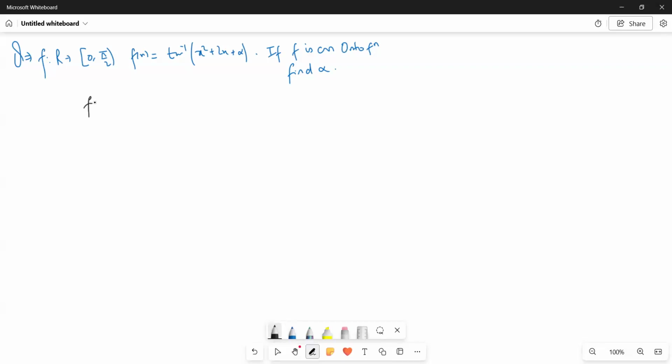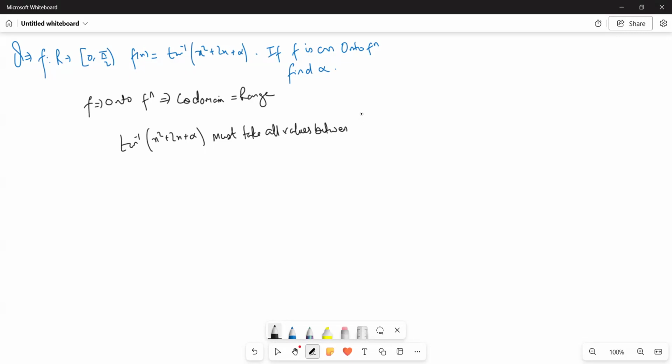So since f is an onto function, it implies that codomain will be equal to range, which means the function f(x) equals tan inverse of x square plus 2x plus alpha must take all values between 0 to pi by 2.